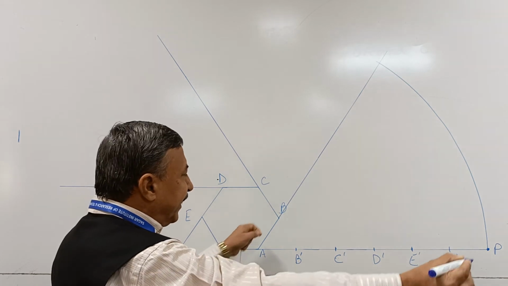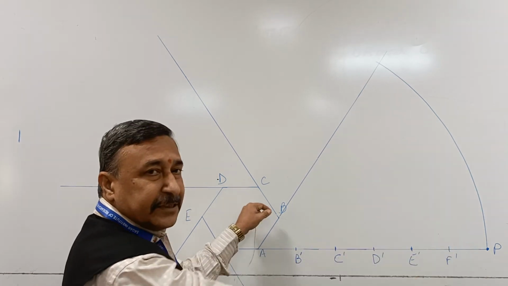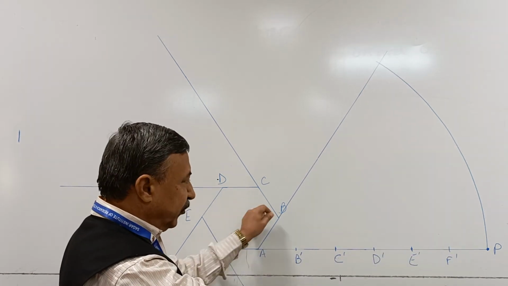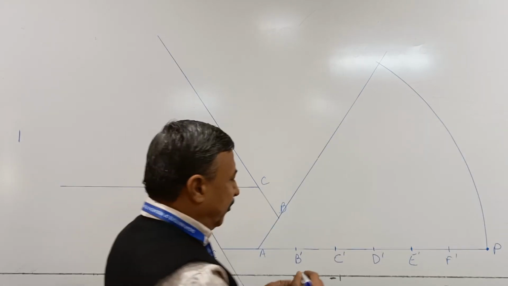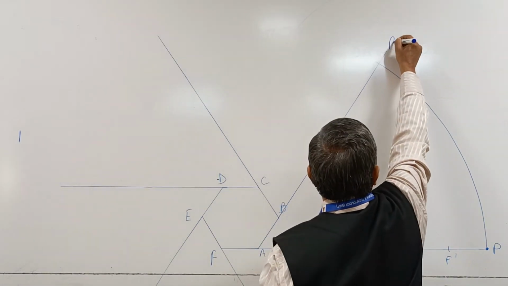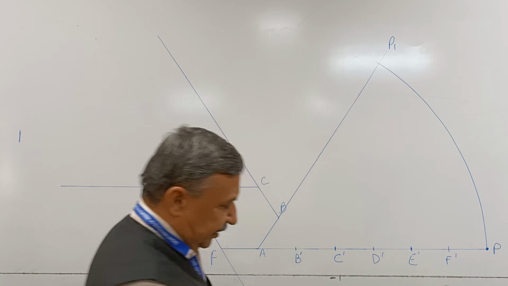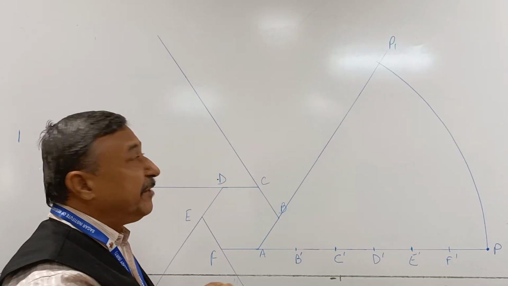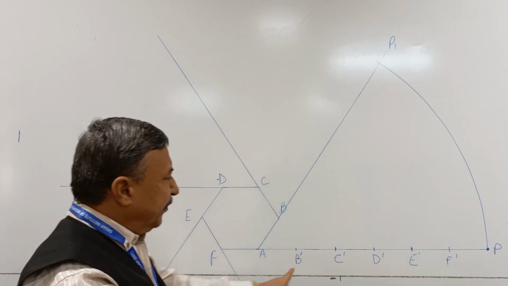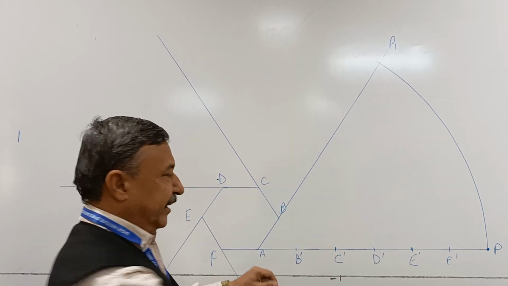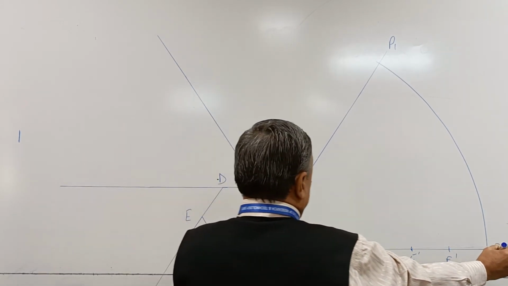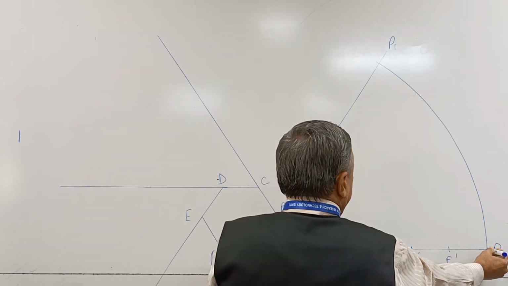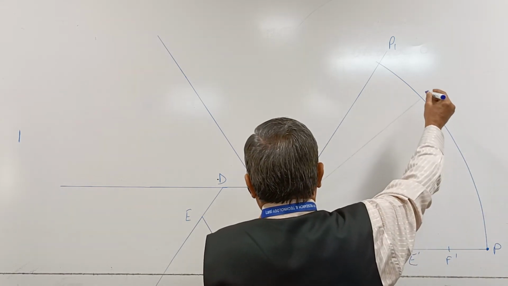Now we shift our center to B. Suppose this is our point P1. Now you take radius BP1, which is the same as B dash P. See here, the radius B dash P is same as BP1.